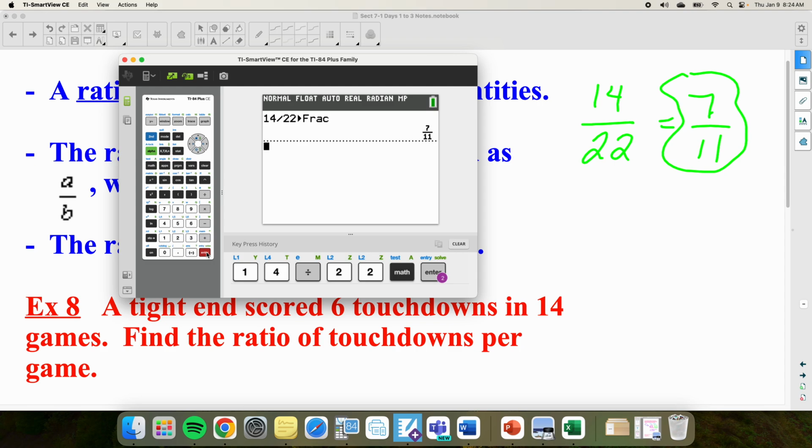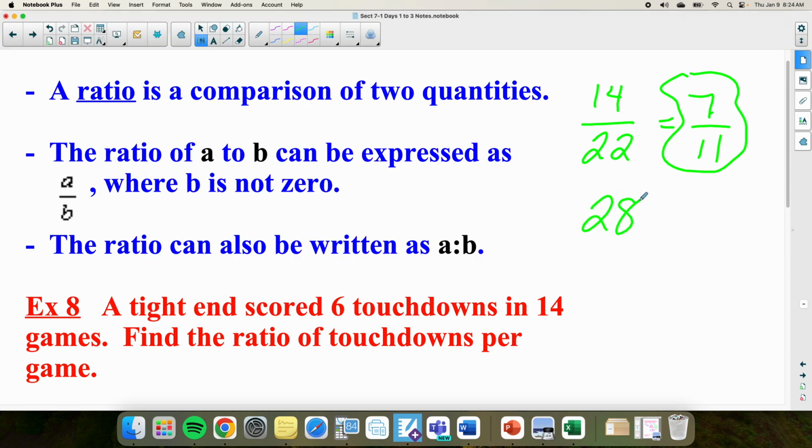Okay? Now in that one, you guys easily could have reduced that on your own. But let's say it was something like 286 over 512. And you didn't want to spend the time doing it, okay?